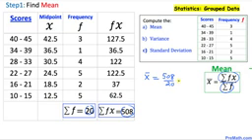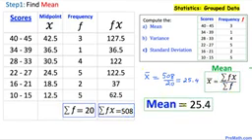If we divide this, that is going to give us 25.4. Thus our mean turns out to be 25.4. And now in our step 2, we are going to calculate the variance.